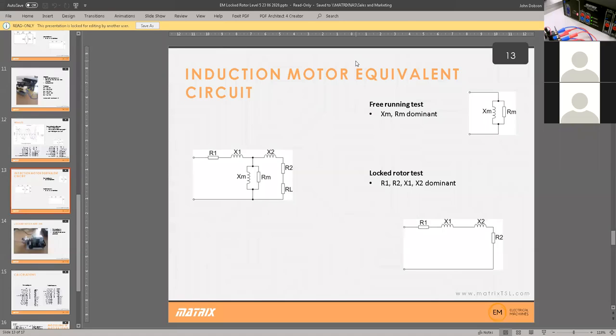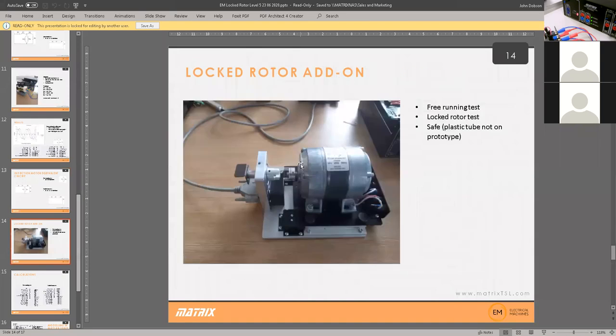Thank you. So fortunately we can make these engineering assumptions about the relative values of the terms in the equivalent circuit, and by doing some practical experiments, we can then deduce what the values are. Again, on the presentation, there's a picture of our locked rotor system.